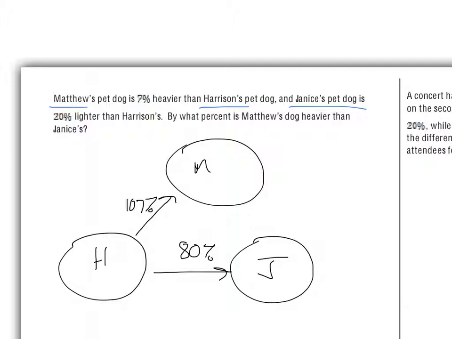Heavier than. So that's going to go ahead and make this my whole. So we're going from Janice to here, and we see that it's asking how much heavier. So when we do get that percentage, we have to be pretty careful. So looking at this, it looks like we want to go ahead and make Harrison 100 and move from there. So go ahead and now finish up this problem if you haven't done so already.